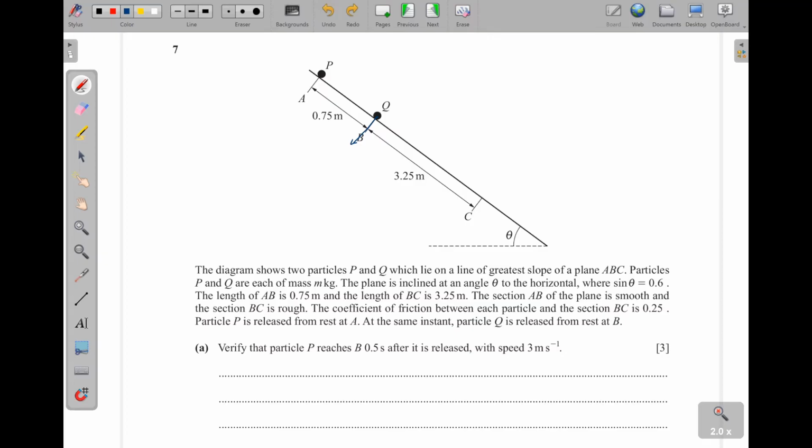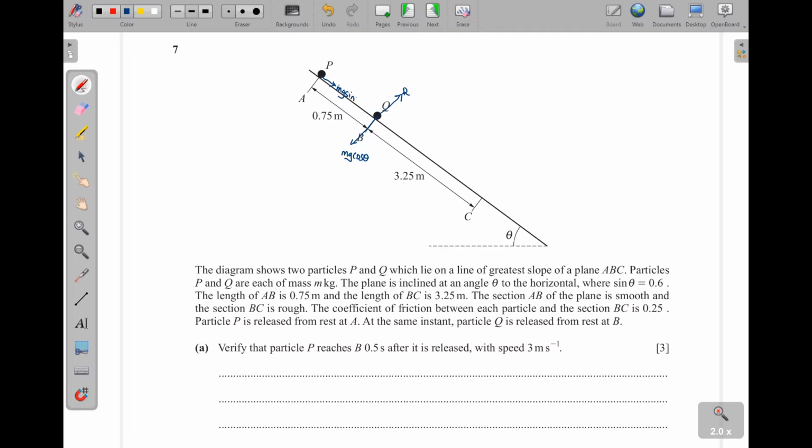And particle Q, do we know its mass? They are all of the same mass, which is m. So we shall have mg cos theta. Here there will also be R, the normal reaction. Then P, as it is coming down, has mg sine theta on it.